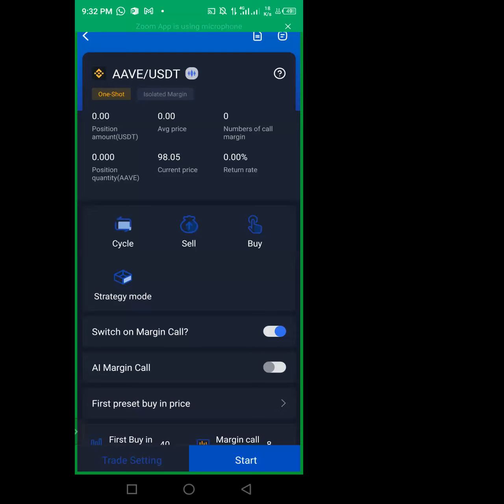Maybe your margin cost is $20 to buy each one, but you have $100 and you see that your return rate is on -10. We only advise you to use this buy to do manual replenishment when your return rate is high. If, for instance, the position amount in USD, what is in this trade in USD, is $100, and you want to do manual replenishment, maybe this return rate is -10%.